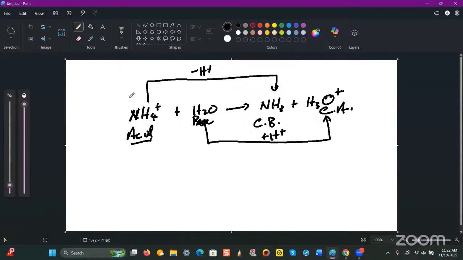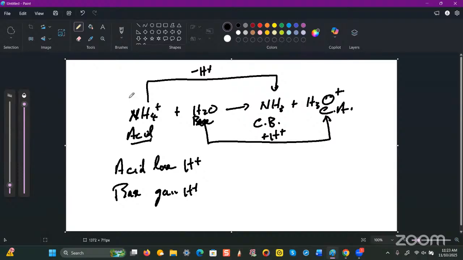So this is an acid-base reaction, believe it or not. Let me write this down. In this type of reaction, the acid will lose protons or H plus ions, while the base will gain protons. So this is another alternative definition for acids and bases based on the reaction that is taking place.